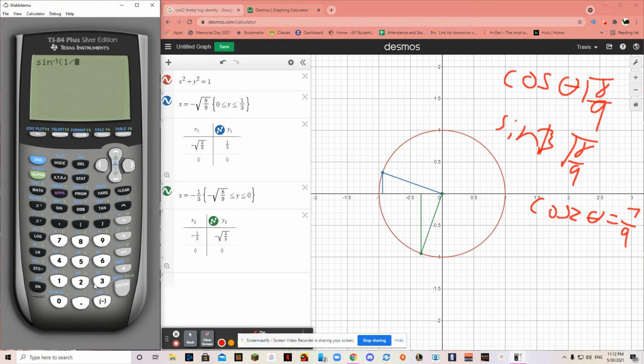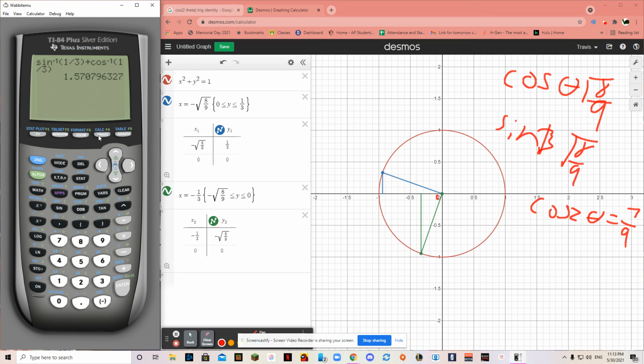So 1 divided by 3, and then parentheses plus the function to find beta, which is the angle right here. So we know we have here 1/3, and here's the hypotenuse. So we can do inverse cosine 1/3, and we end up with this fancy decimal.